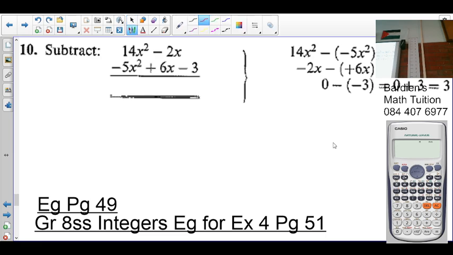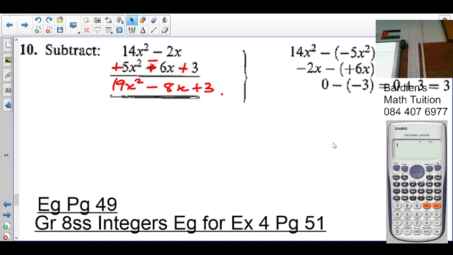From negative it becomes positive. From positive it becomes negative. Negative becomes positive. So what is 14x squared plus 5x squared? 19x squared. What is negative 2x minus 6x? Negative 8x. And then plus.